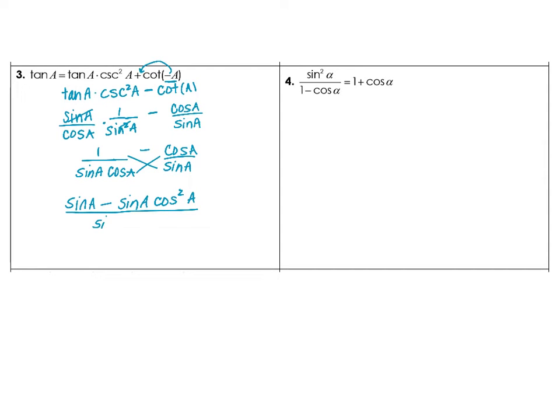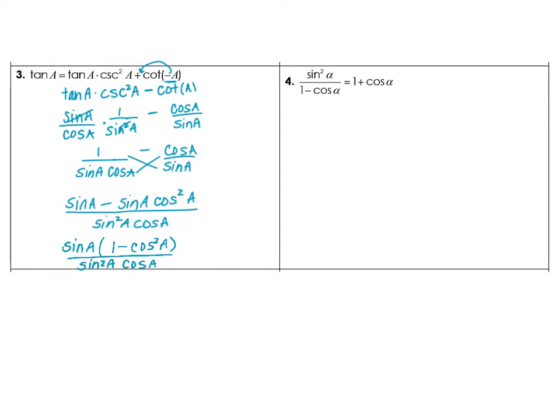So that's going to be sine squared A cosine A. Okay, and so from here it looks like we can factor out a sine A. And so we're going to have sine A times 1 minus cosine squared A over sine squared A cosine A.